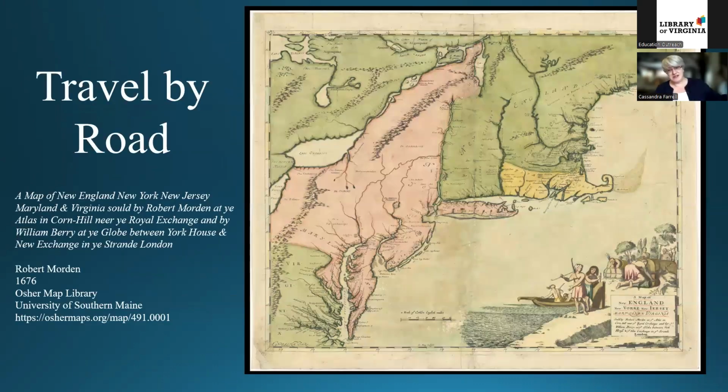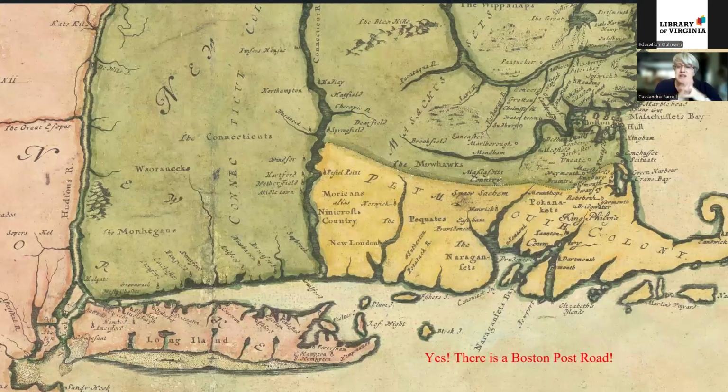Here's an example of a late 17th century map of New England. It gives you a very good idea of the settlements that existed, the towns. There is a Boston Post Road, and it is named the Post Road because it was a post road.